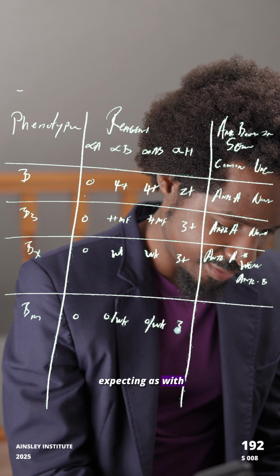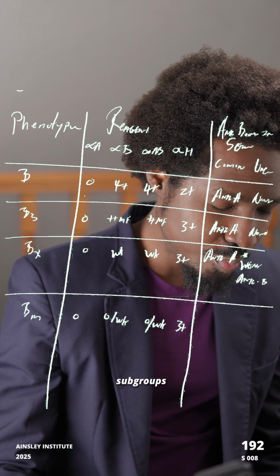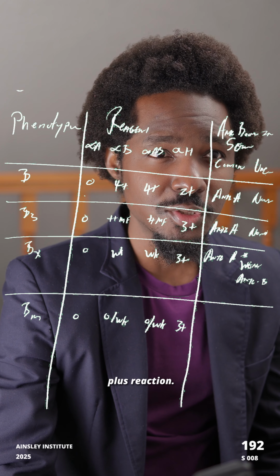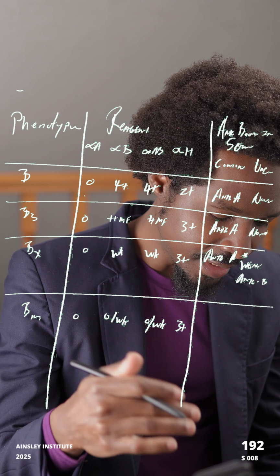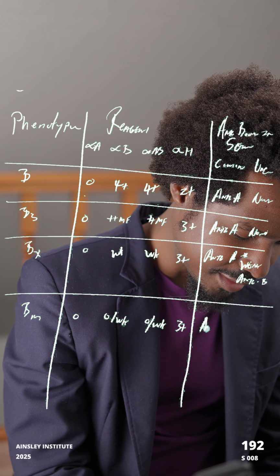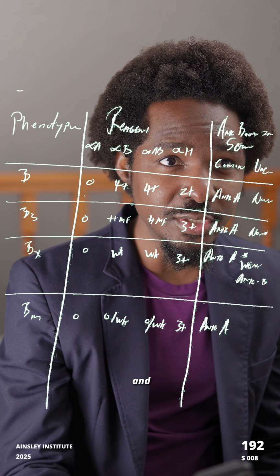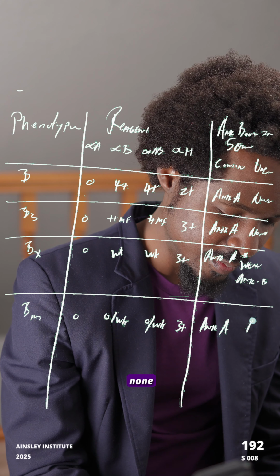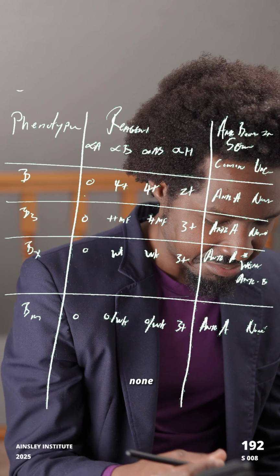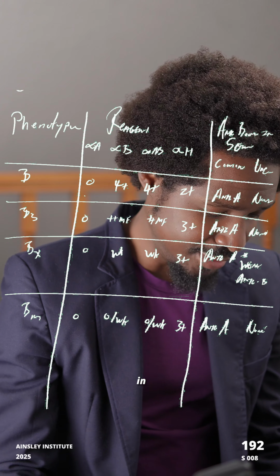With the anti-H, as with the other subgroups, we're expecting a 3+ reaction. Then things go back to normal: in the serum, we have anti-A, and none for the unexpected antibodies in circulation.